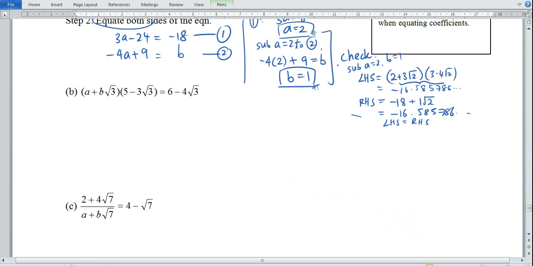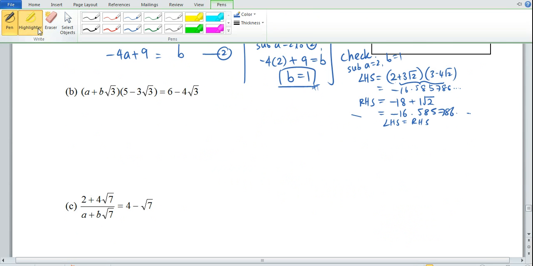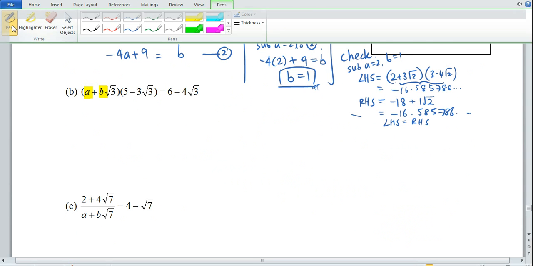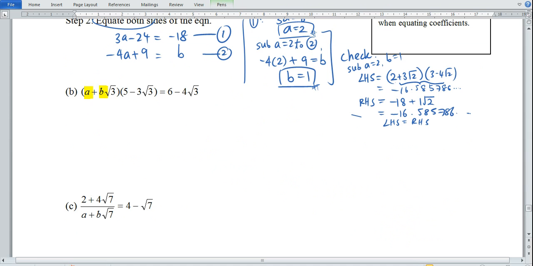Looking at this, again, we want to find A and B according to the question. Now, do you know how we can do this question? Basically, to compare, we shouldn't have brackets on one side.